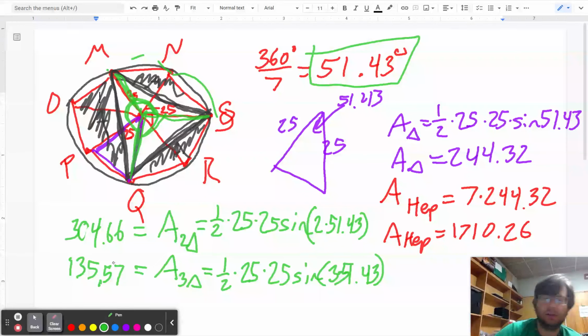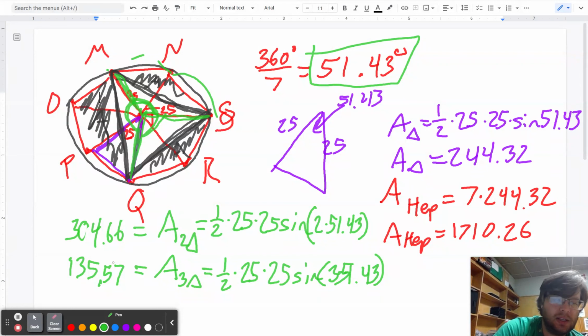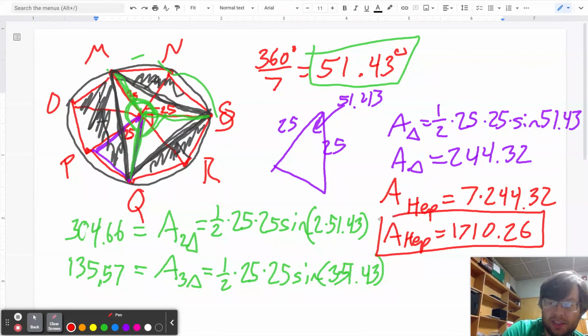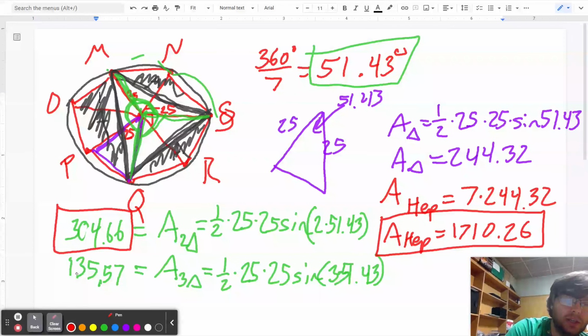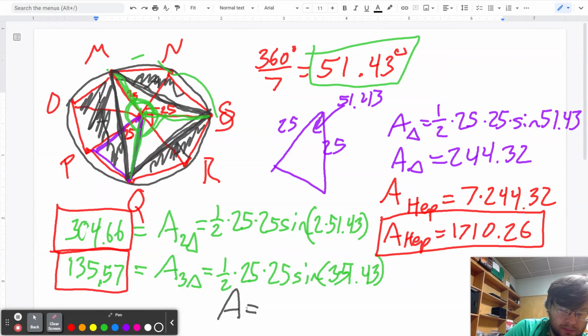Now for the grand finale, I'm taking the area of the whole heptagon and I'm subtracting 2 of the 2 section triangles and 1 of the 3 section triangles. So the shaded area is going to be 1710.26 minus 2 copies of 304.66.